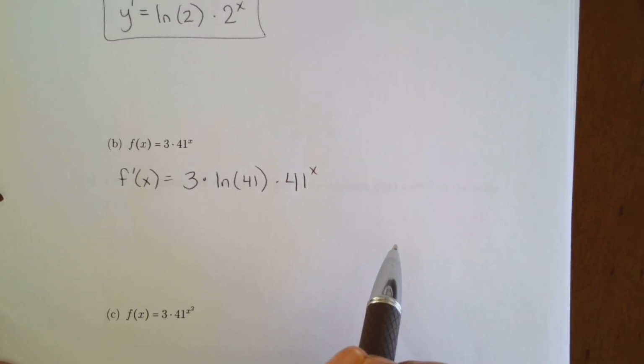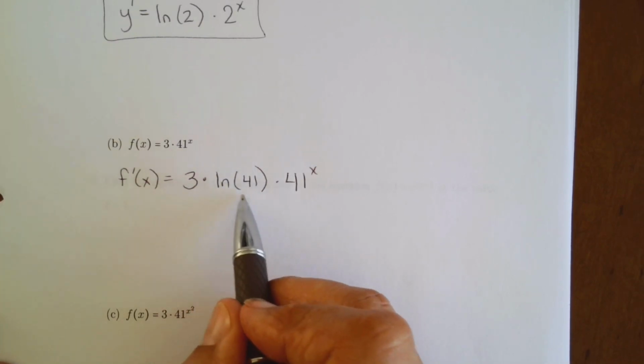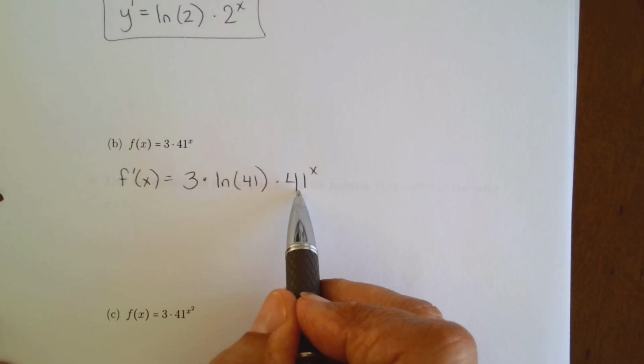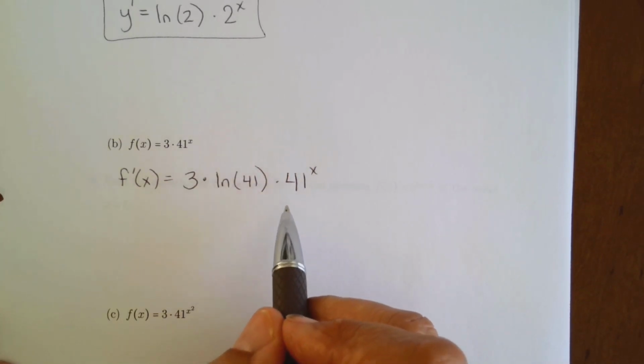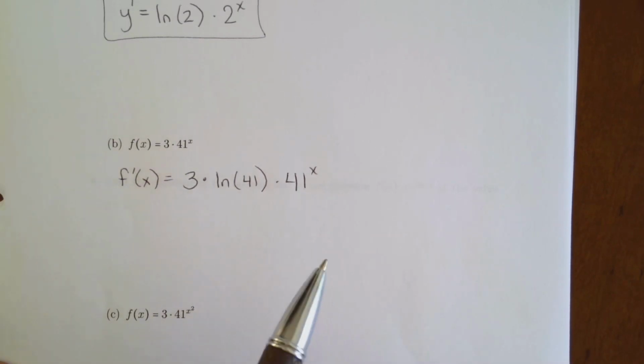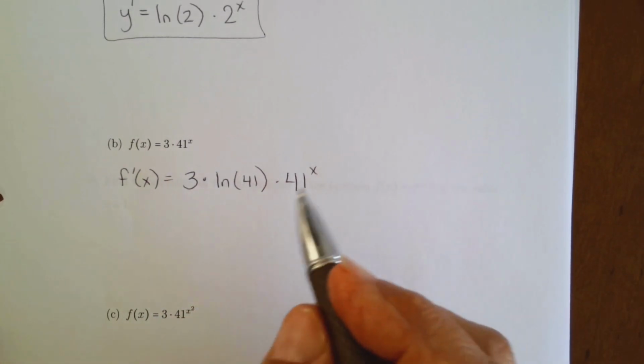And that's it. You can't multiply 41 times 3, and natural log, you can't do anything to that number. You can't multiply 3 times 41 here because you have to raise 41 to the power first. Those are 3 unique numbers and they have to stay separated.